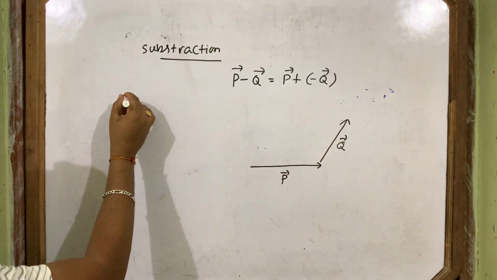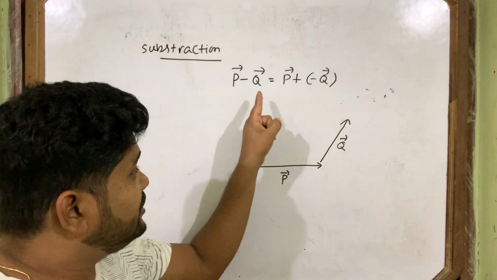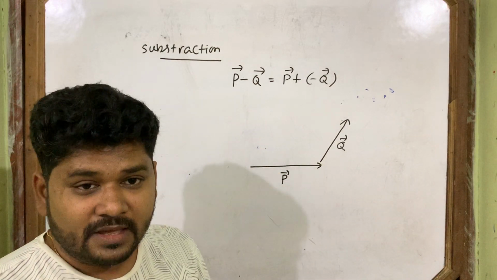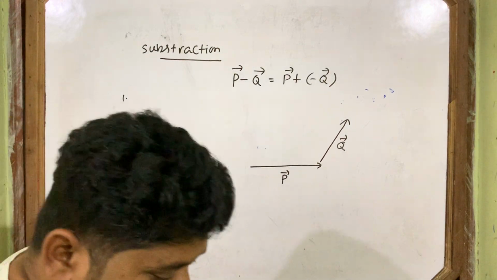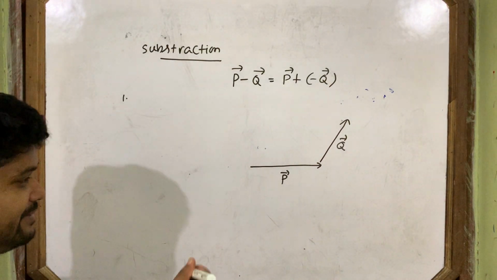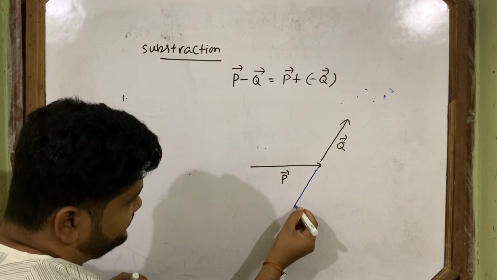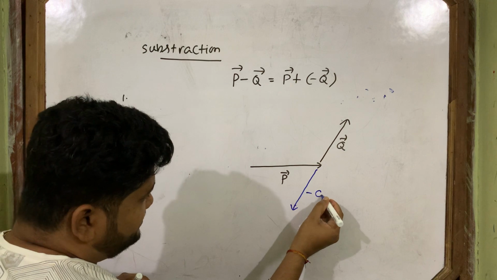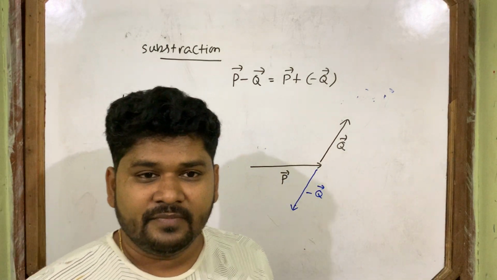First, you have to draw the negative of a q vector. Negative of a q vector you have to draw. Now let's draw the negative of a q vector. Negative means just direction will be opposite. Magnitude same, but direction will be opposite. This is the negative of a q vector.